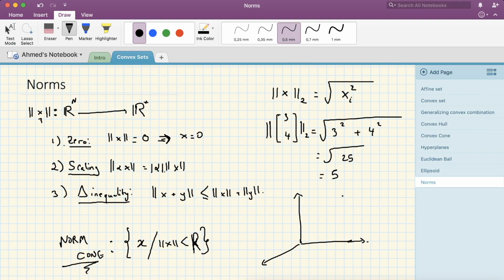So, given an r, let's take any circle centered at 0. This is a circle with radius r, and this is another circle with radius less than r, and so on. So you're defining a cone. Again, this cone is convex. You take any 2 points inside, and a convex combination would again fall inside this set.